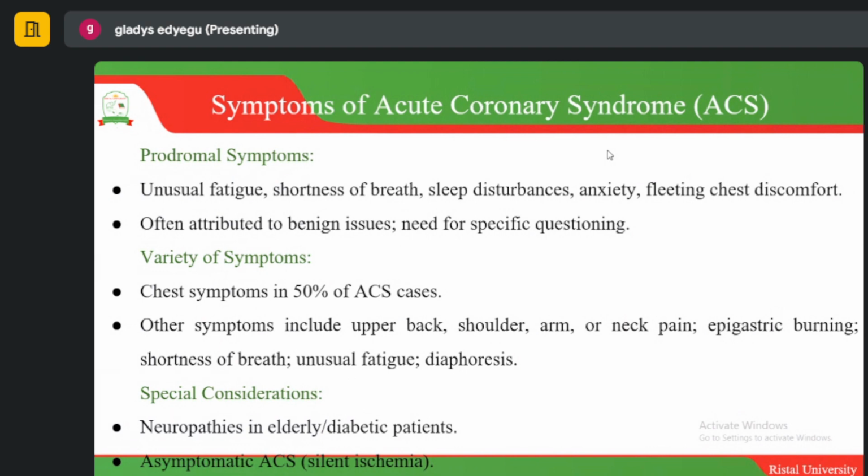Then also asymptomatic acute coronary disease. There are some of these conditions whereby the patient will not present with any sign. So asymptomatic means no sign, no symptom.